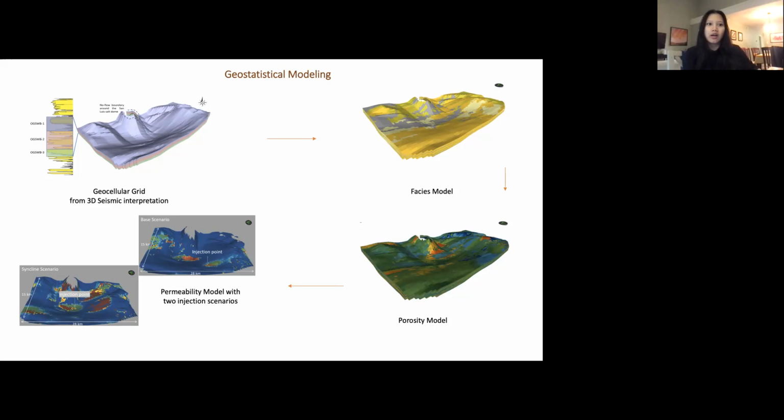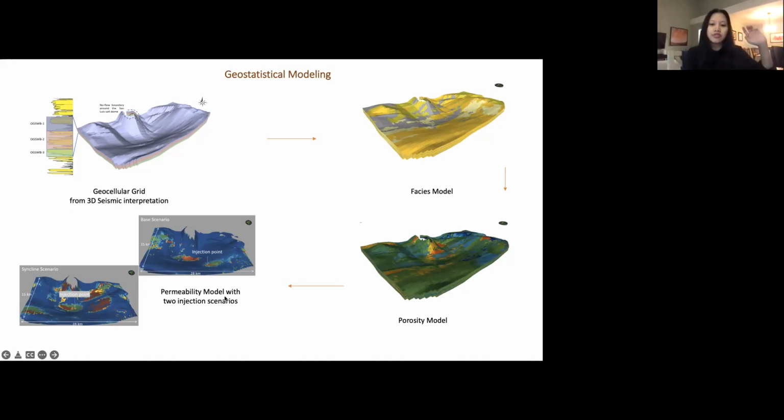Let's say that based on these two wells, this area should have a porosity as high as 30%. But from the facies model, it turns out that area is composed of tight shale or something that might not have that much porosity. So it adjusts the value down and makes the porosity distribution more realistic because of the facies model.